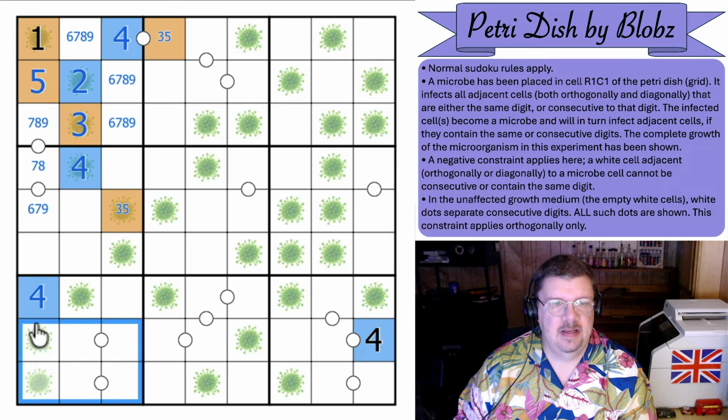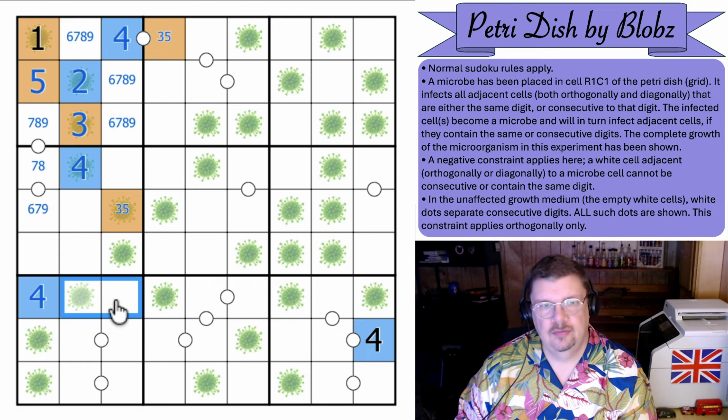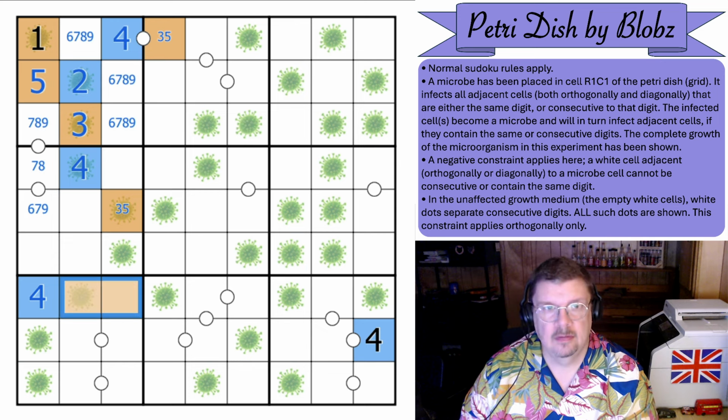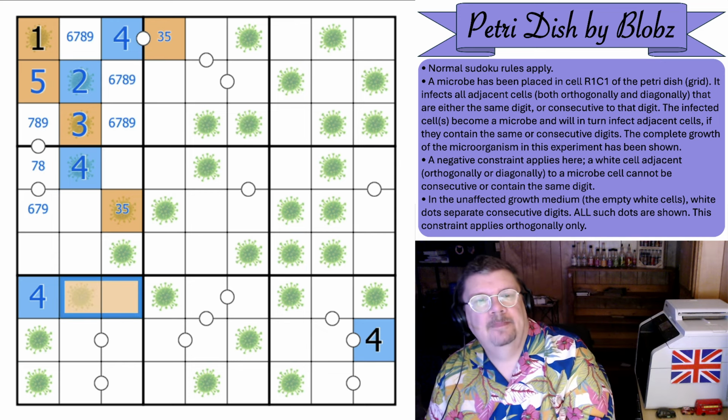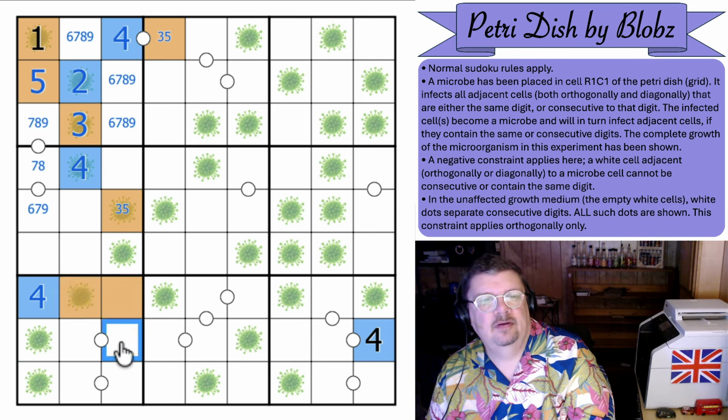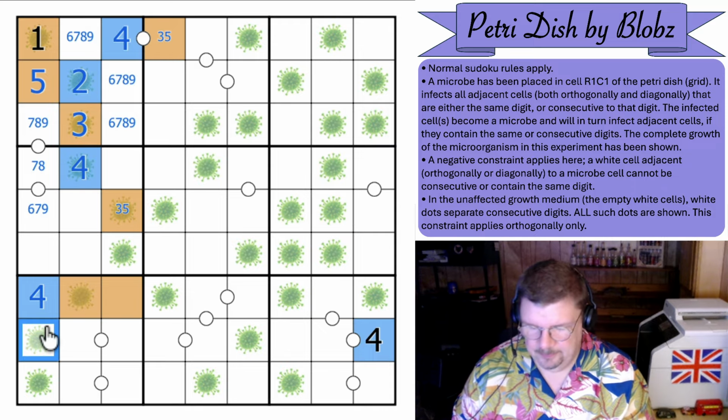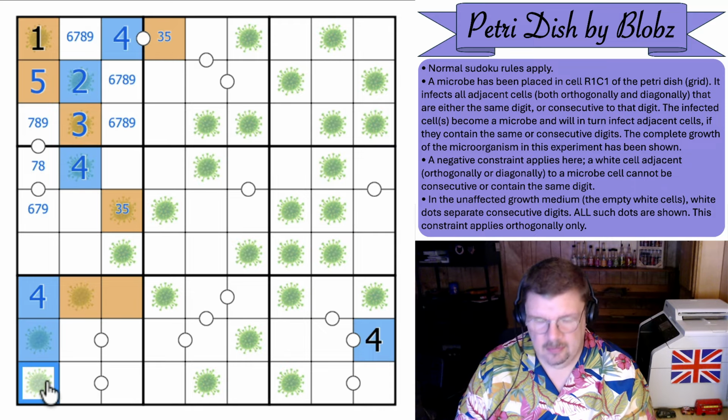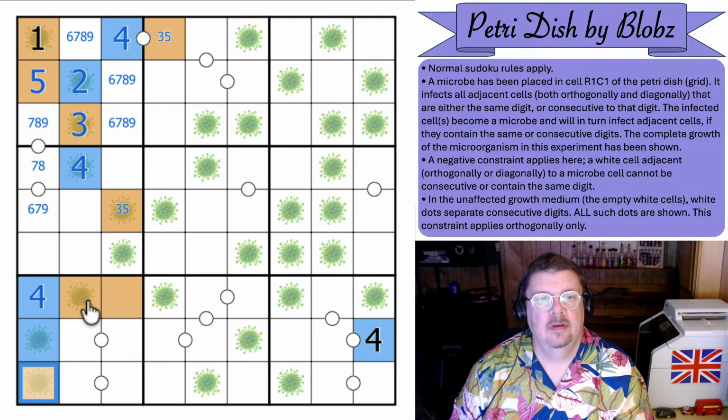So amongst these cells, we have 4 even digits. So those two are both odd. That feels significant because now that has to be even, that has to be odd, that infected that. Those two could be the same digit.